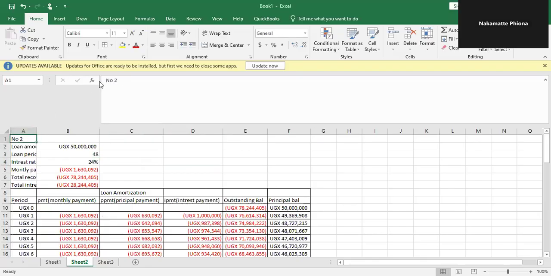This is my number two for loan amortization.